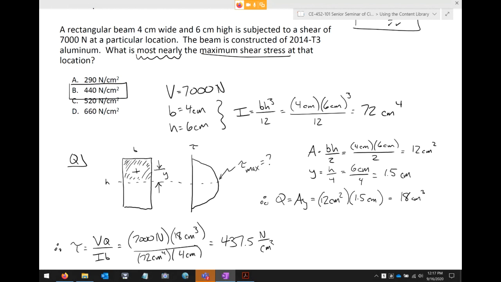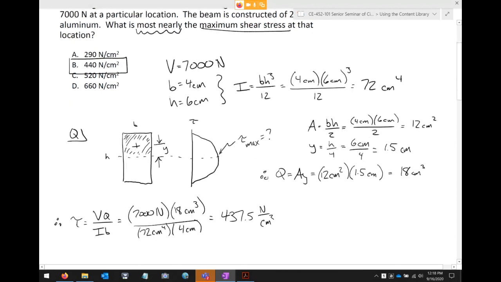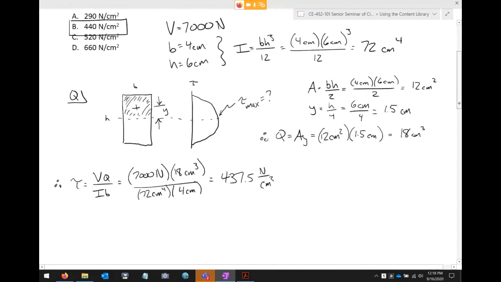But any of these problems that involve computations, and particularly computations built upon themselves, where you have a formula, get a value, then plug that into the next formula and the next one, the choices are written this way because they don't want rounding to trip you up. The answer is 440, and depending upon how you did it and how you rounded, there's enough buffer in there for that to not be a problem. So that's generally how the exam works.